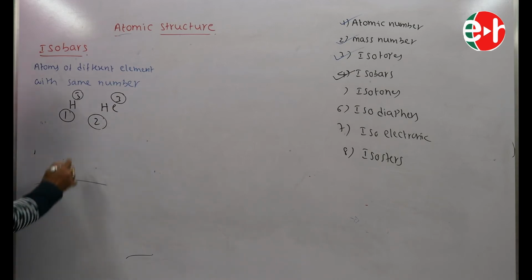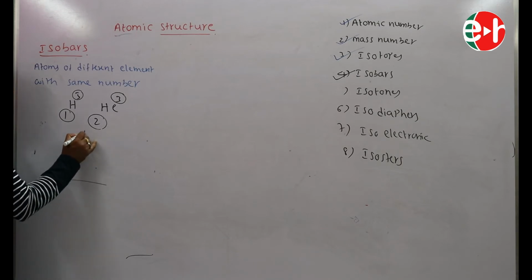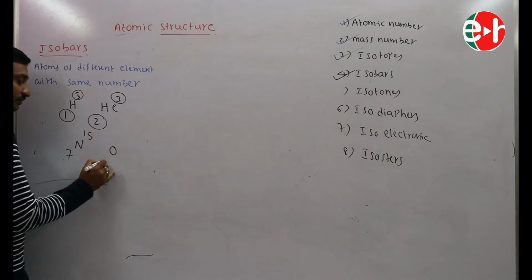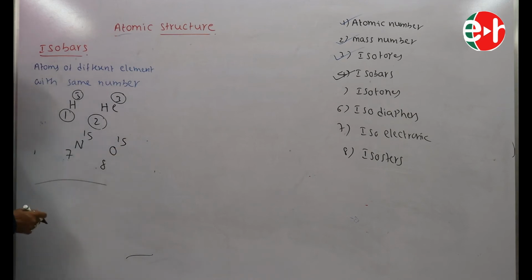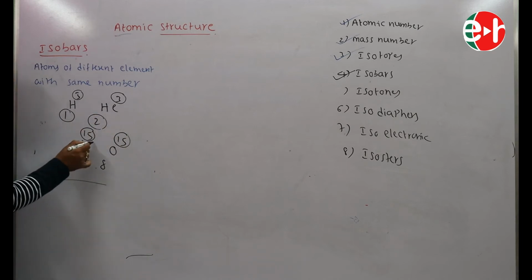Okay, next, nitrogen 7 to 15, oxygen 8 to 15. Different elements, nitrogen, oxygen, mass number same, mass number 15, here also mass number 15.